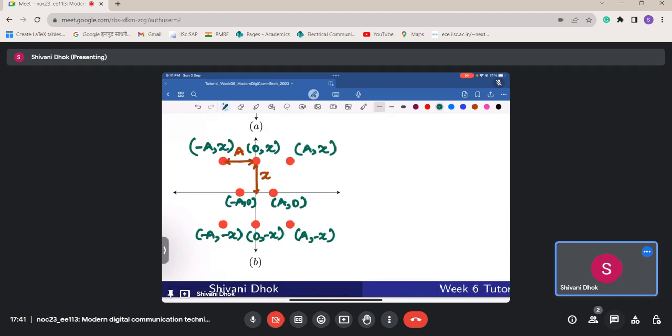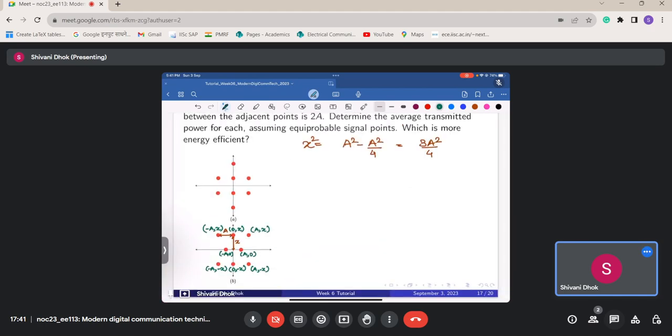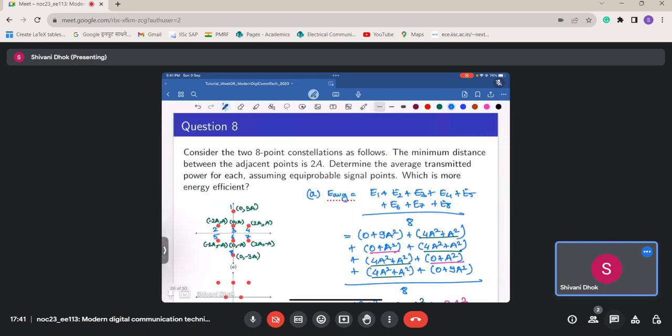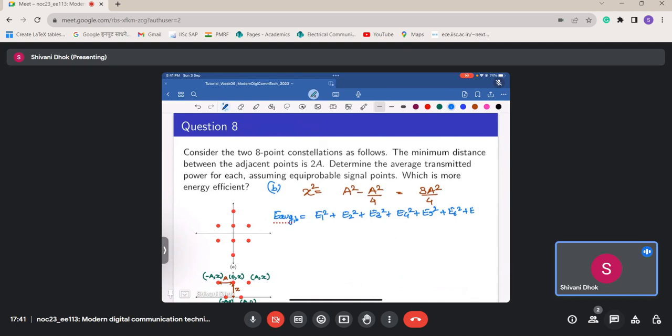Okay, so let's solve this. E average will be again e1 square plus e2 square plus e3 square plus e4 square plus e5 square plus e6 square plus e7 square plus e8 square.